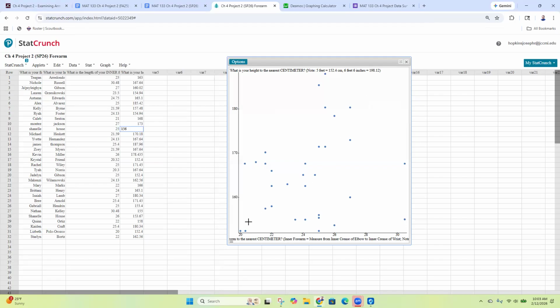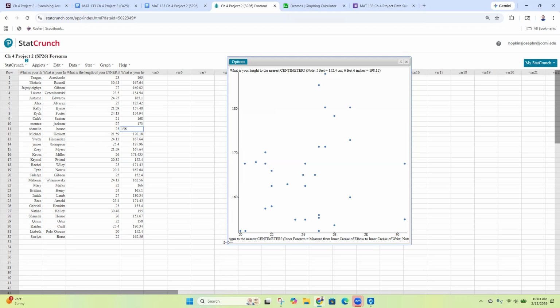I do think there is a linear relationship here. If I had to draw a line through the middle, I think it's like right here. There's no dots up here. I do have one dot down here, which might also be an outlier, one that I would want to double check. But I think it's either moderate or weak.